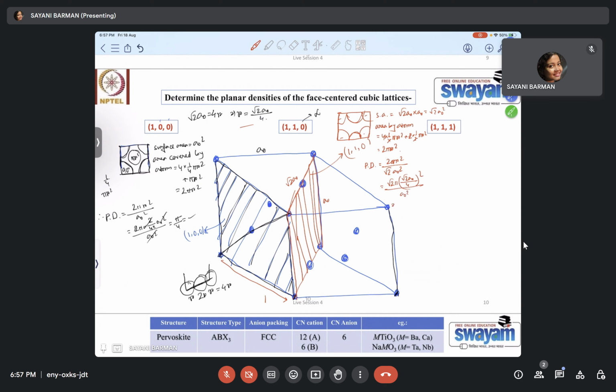A0 square will nullify. Then we'll get root 2 pi into 2 divided by 4 square. Right. So 2 root 2 pi, 4 into 4, this will be 2. So pi by 4 root 2.